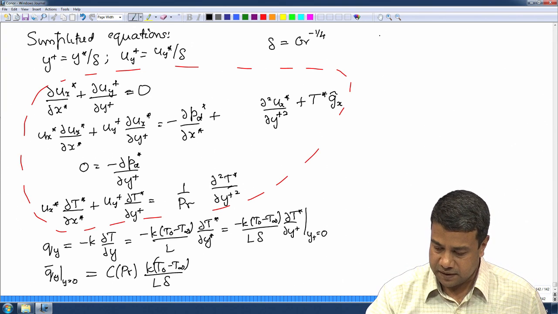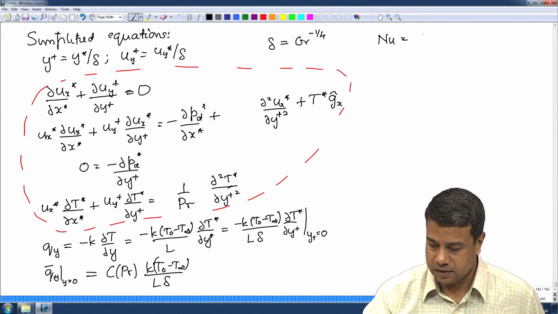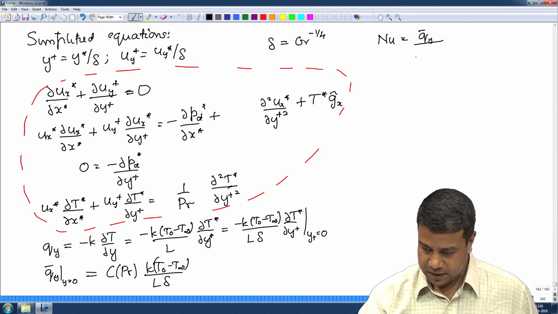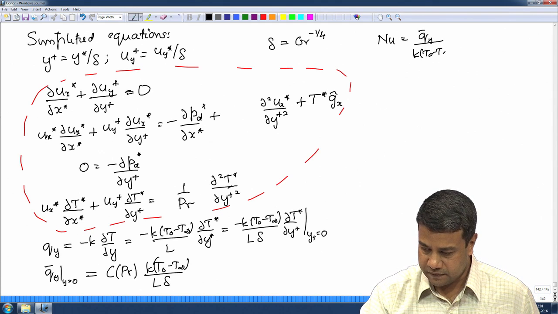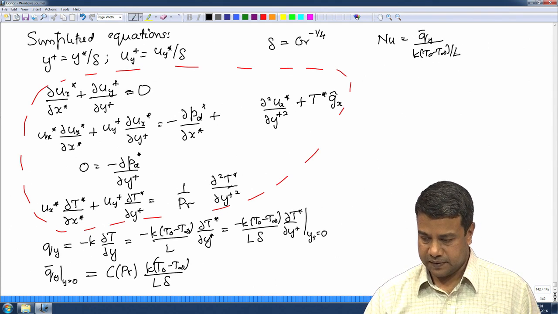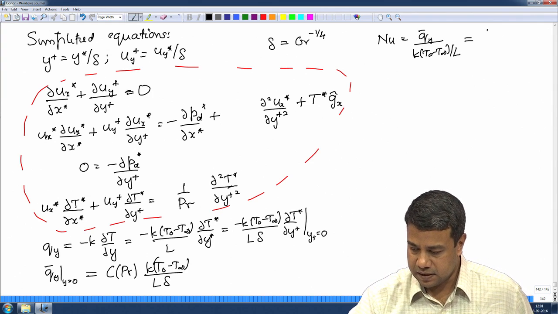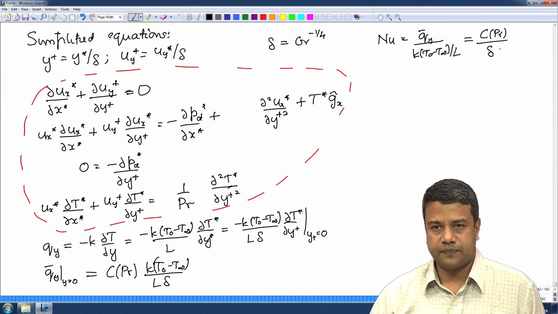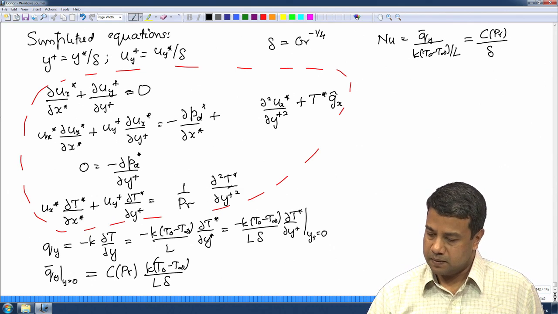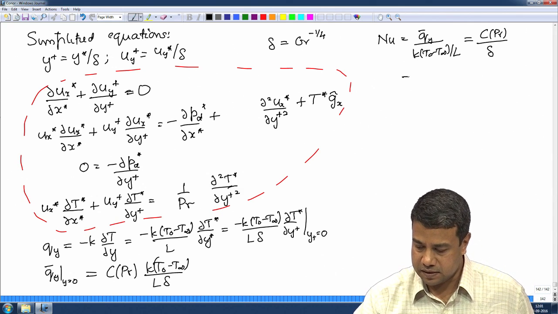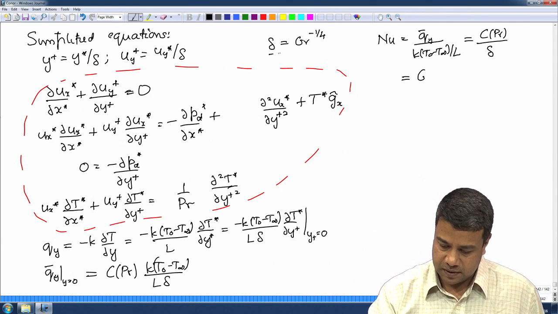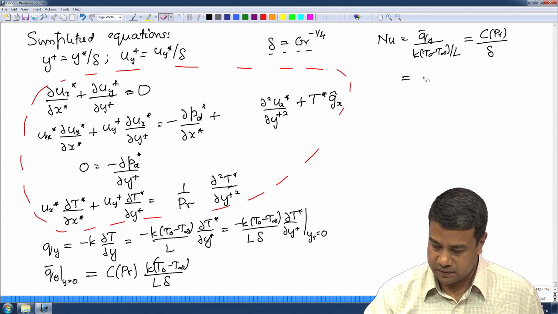And once you have that, you know that the Nusselt number is equal to the average flux divided by k into t naught minus t infinity by L. And this has to necessarily scale as some constant dependent on the Prandtl number, divided by the scaled boundary layer thickness, but as I told you that scaled boundary layer thickness goes as Grashof number to the minus 1/4.